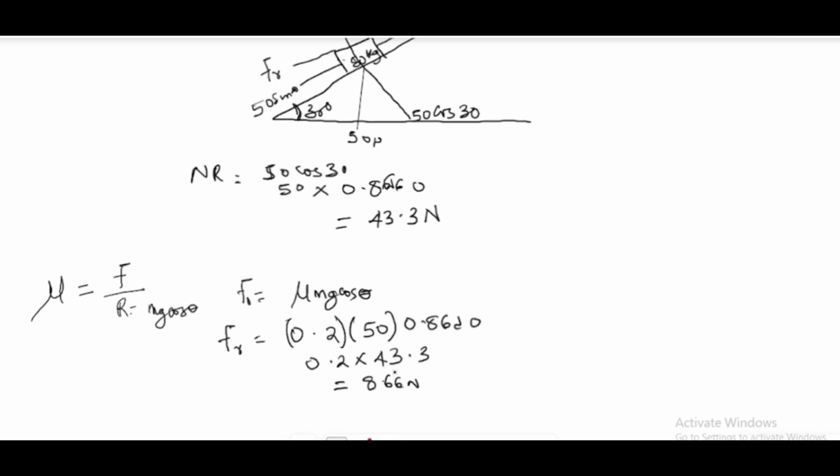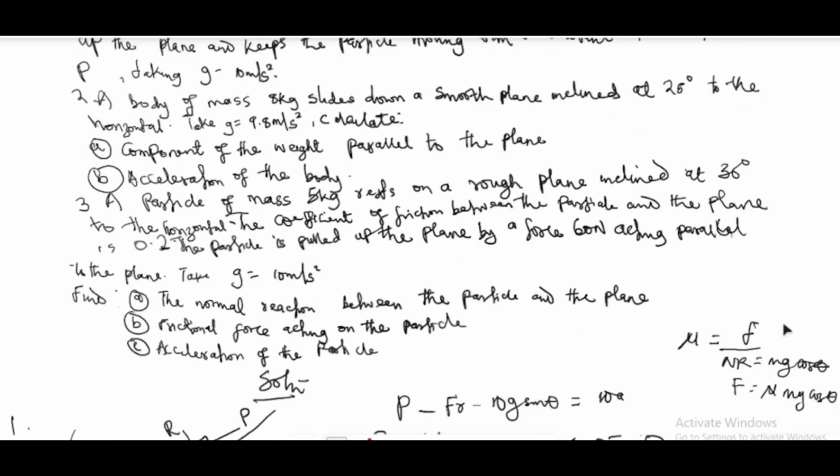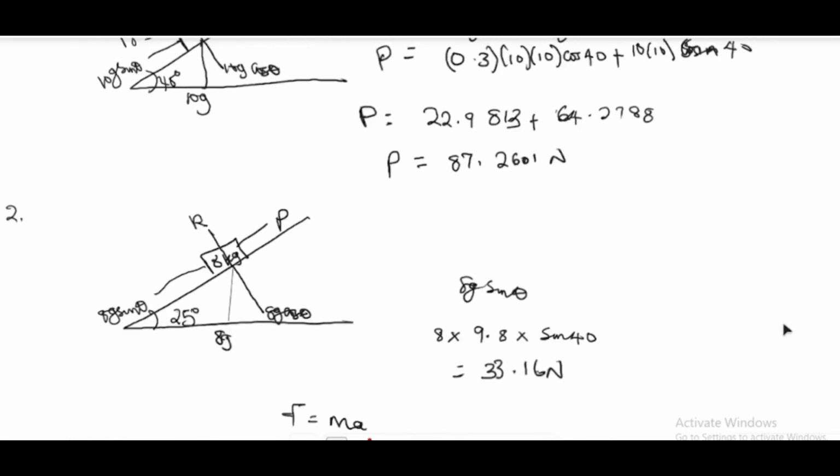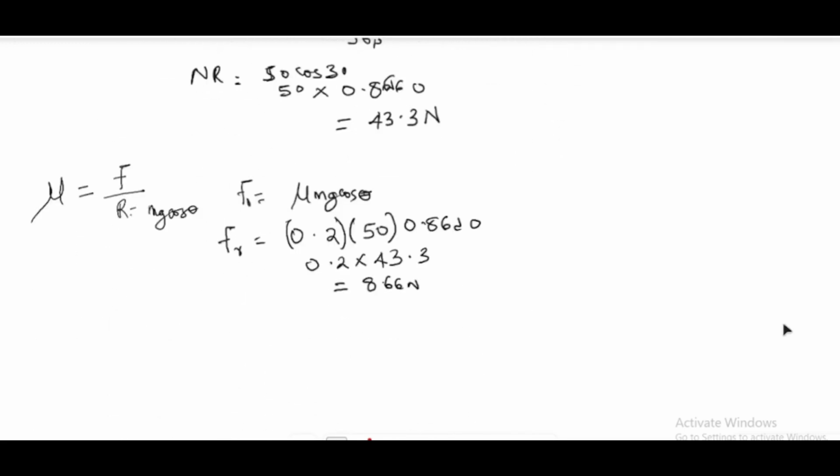All right. So the last question on this, the last but not the least, is to find the acceleration of the particle, right? So now we'll look at the net force. I think from there we'll find our acceleration.